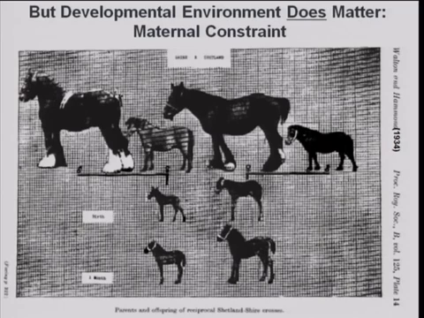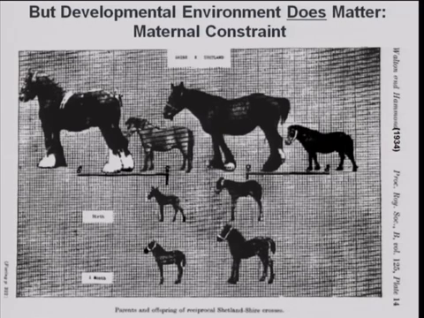So what they did was to mate, in this case, let me get this right. Over here we have the Shire mare, the Shire female, the big female, mated with the tiny little Shetland male. And over here it's the other way round.